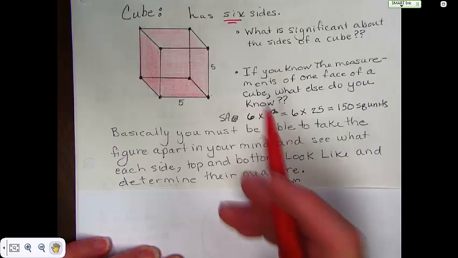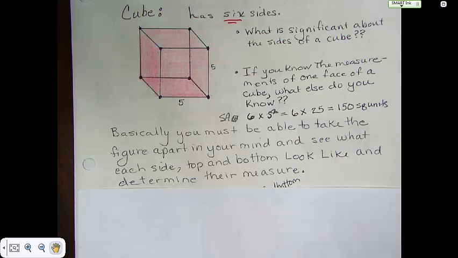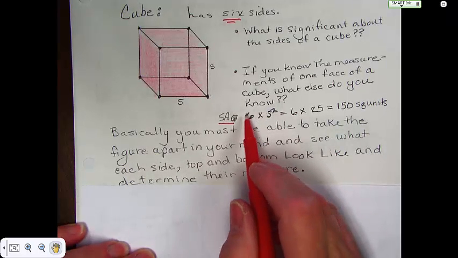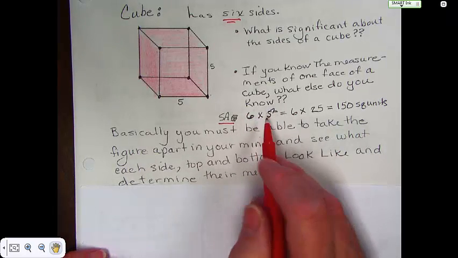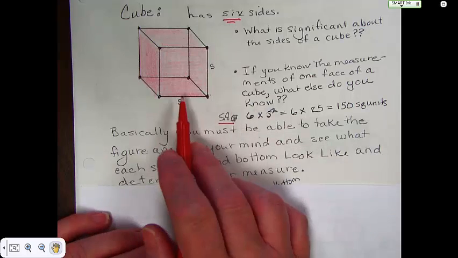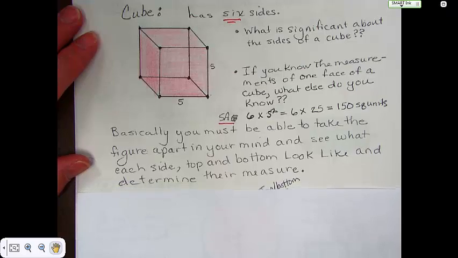If one edge is 5, all the edges are 5. If one edge is 10, all the edges are 10. So if you're looking for the surface area of a cube, you would just take 6, which is the number of sides, times the area of one side. Side squared, S times S. So you go 5 times 5, that's 25, 6 times 25 is 150.